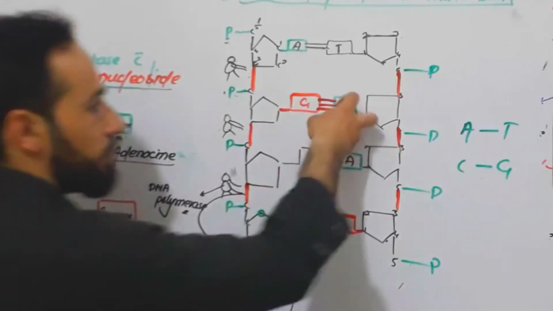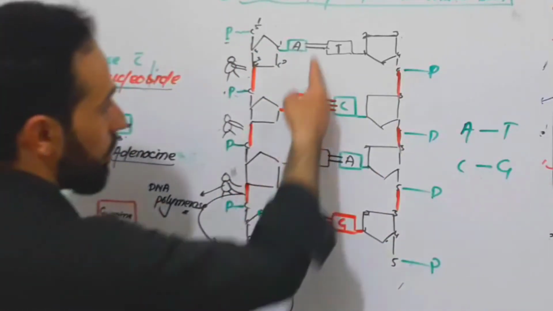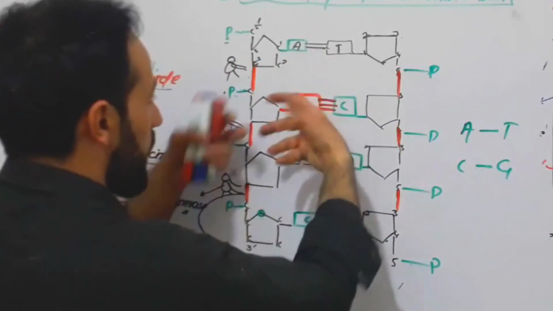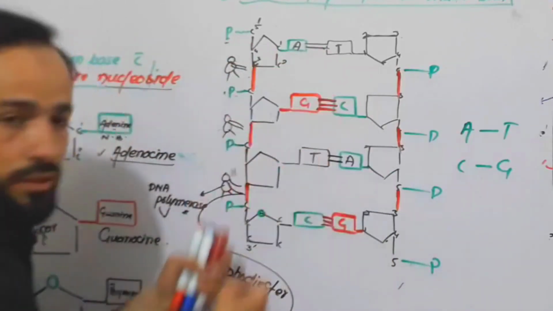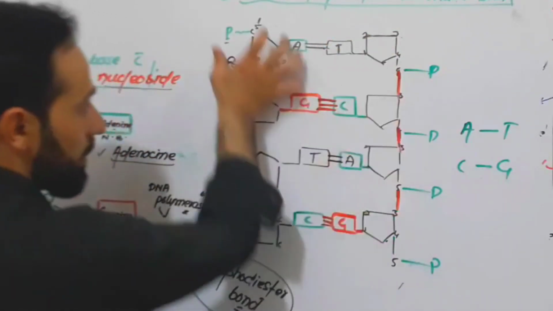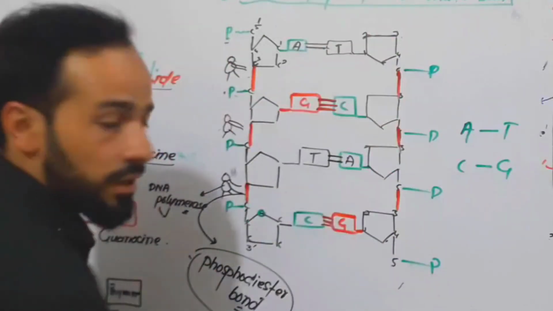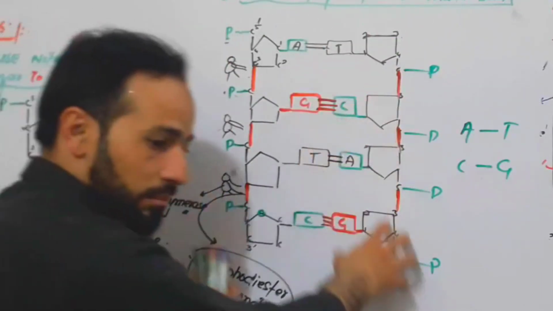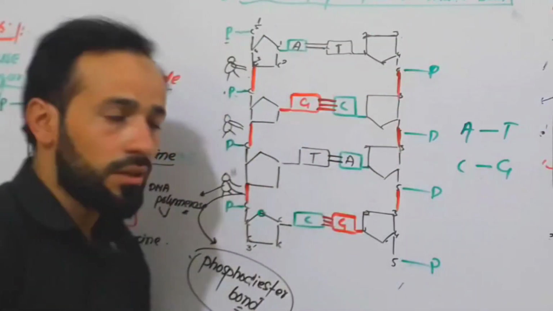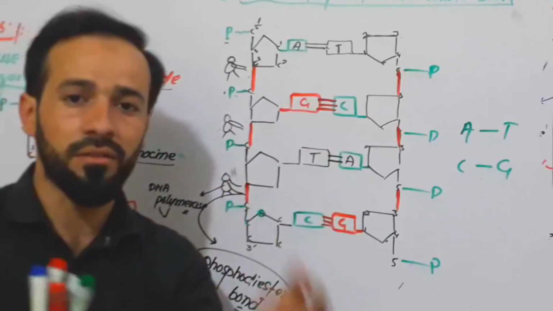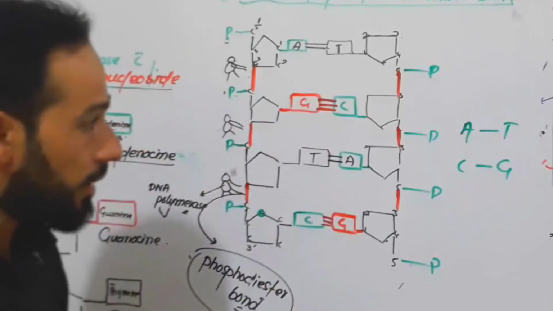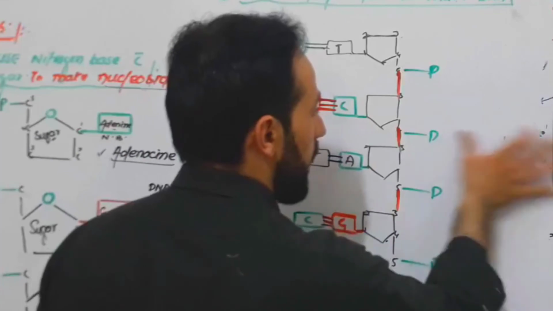So now this strand cannot move in that way and this strand cannot move in that way because all of them have been coiled with each other. So this is one strand, this is the other strand, and this is the whole DNA, and in this manner millions of molecules of the nucleotides will combine and they will make the DNA. And you know that this DNA is not like this.